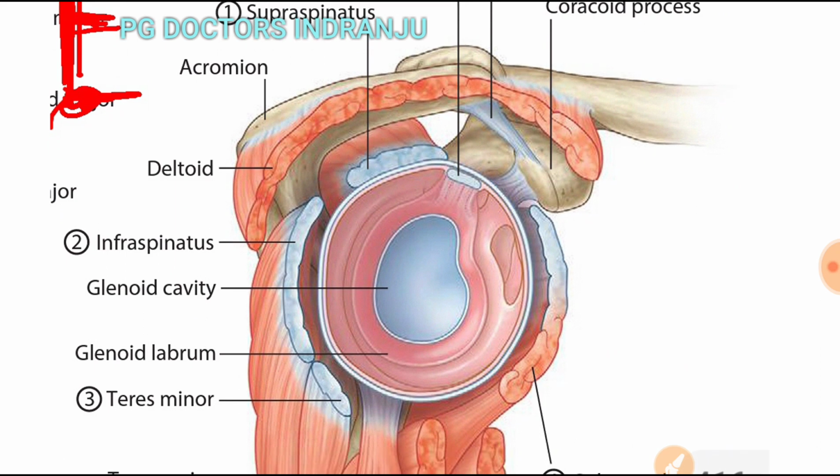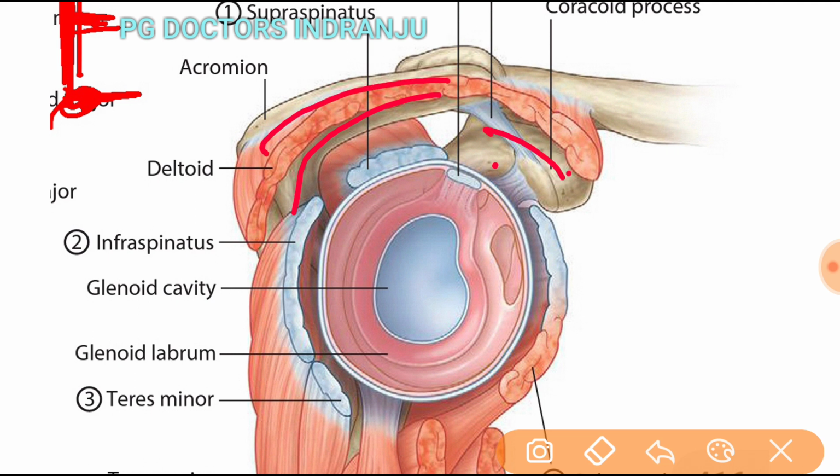The rotator cuff is formed around the scapula, with the acromion process, the coracoid process, and lower to that the glenoid cavity.